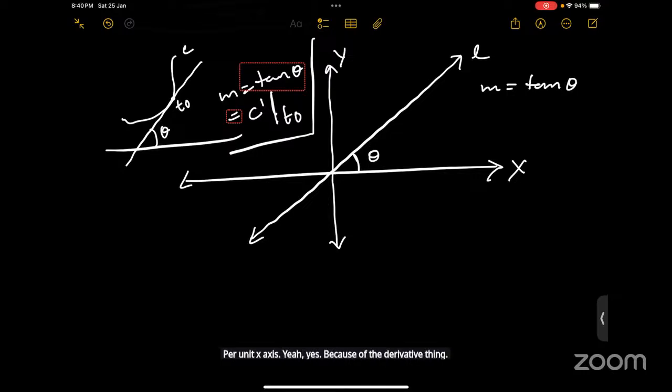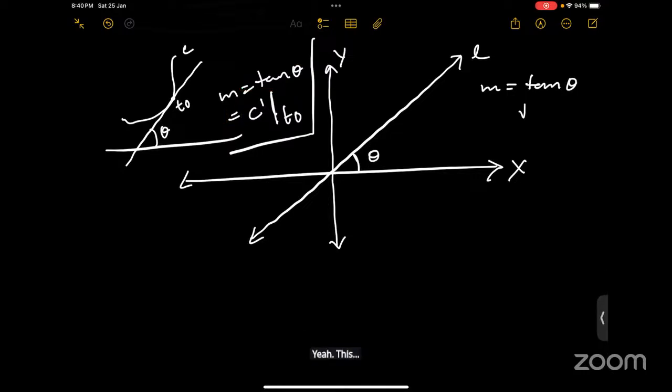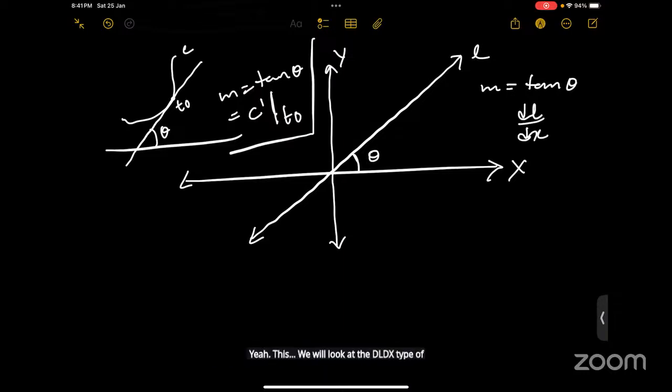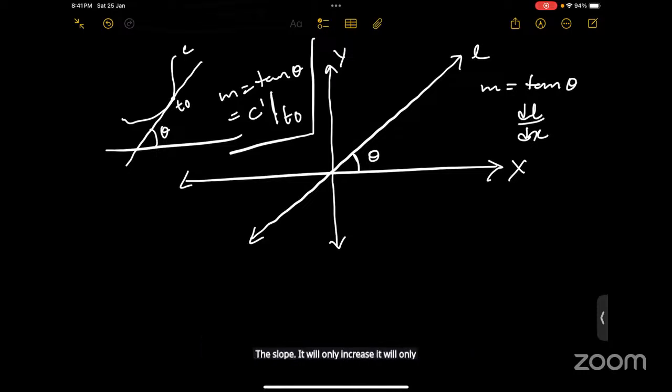For a straight line, we will always get a constant, dl/dx type of thing, the rate of change. It will only increase by a constant value for every unit value of x.